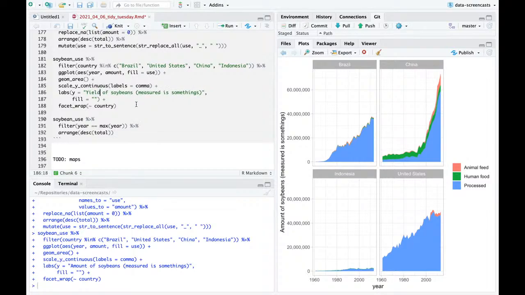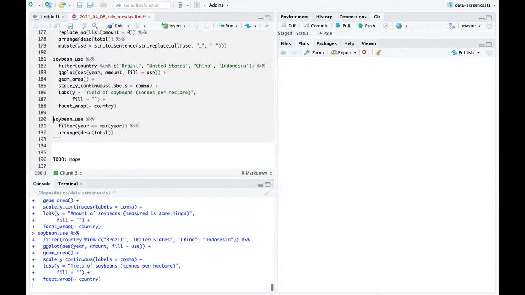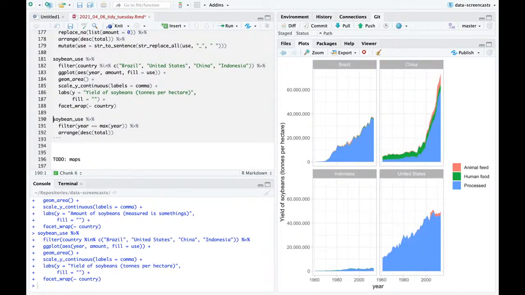It actually is like a function of productivity. So if your farm area is growing, this is not necessarily going to change. This is going to be about per hectare. Is that right?